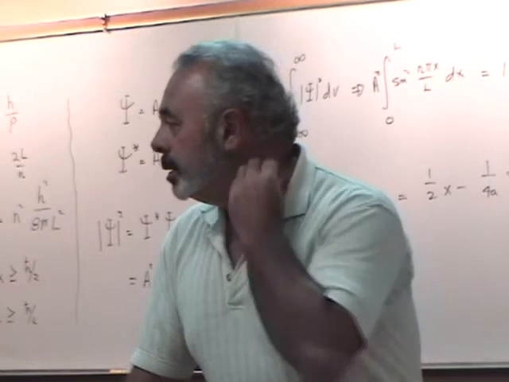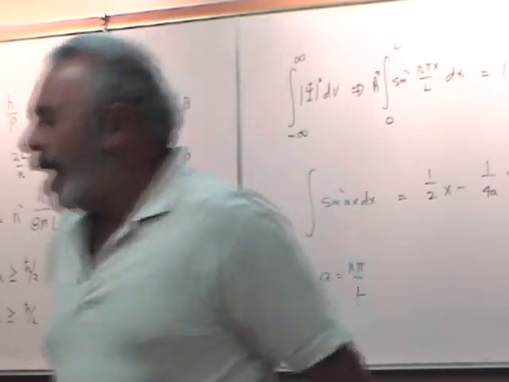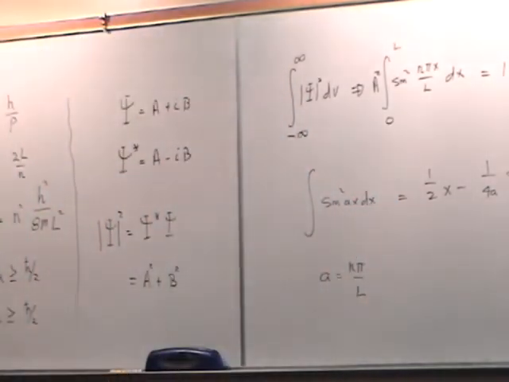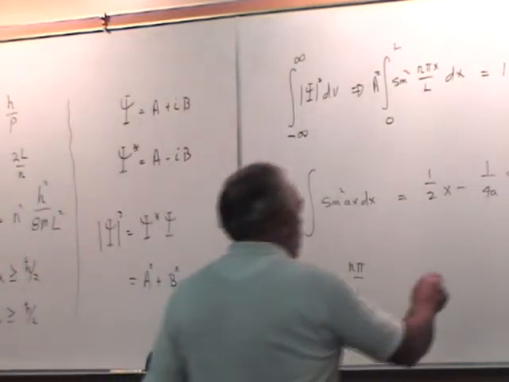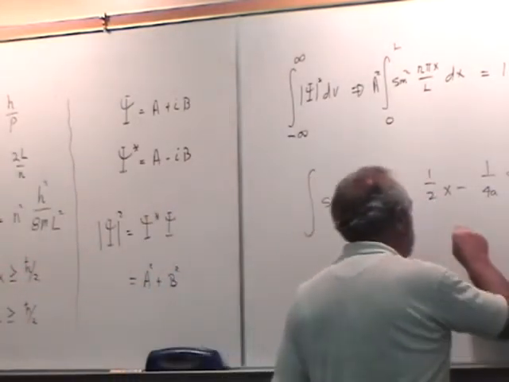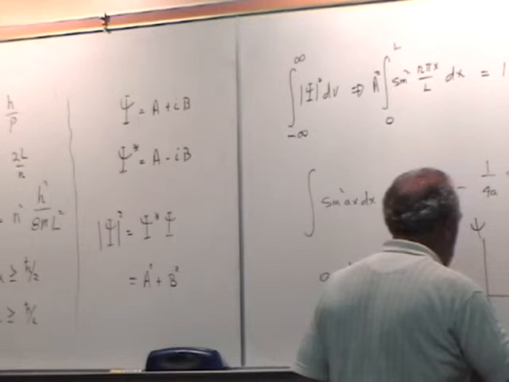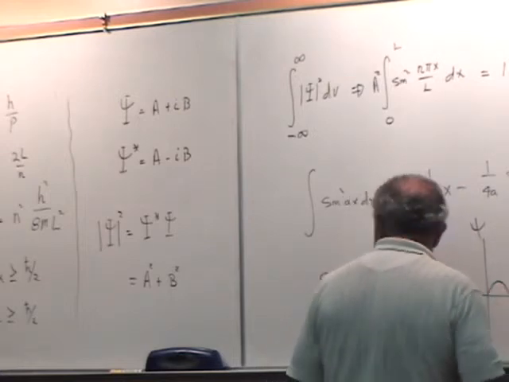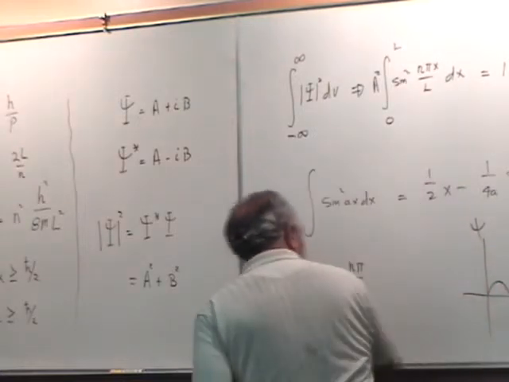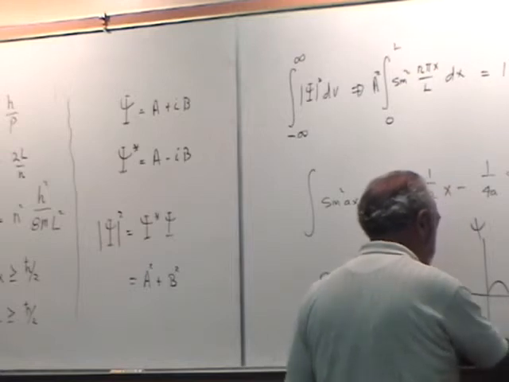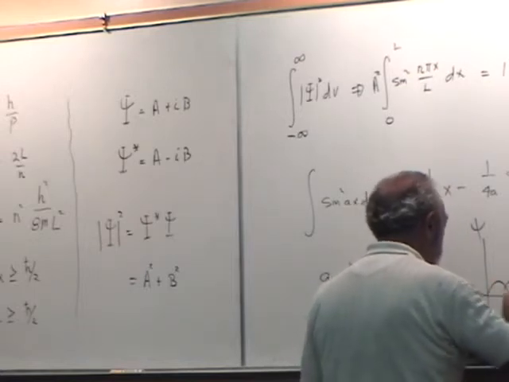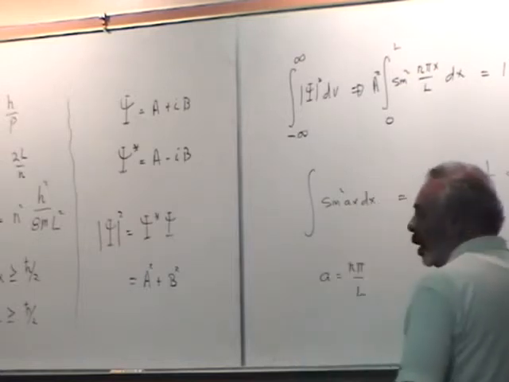You mean you say single valued? Single valued meaning that, I like to think of it in a pictorial way, if you have the wave function psi of x, and you've got something like this, that's a single valued function. If I had something like this, notice that I have two answers at one particular spot.